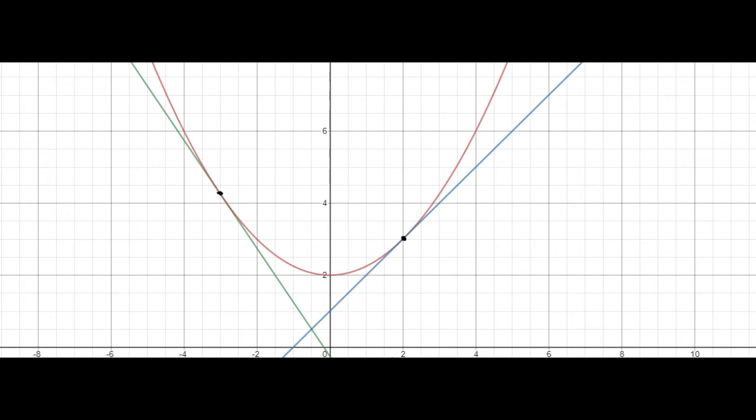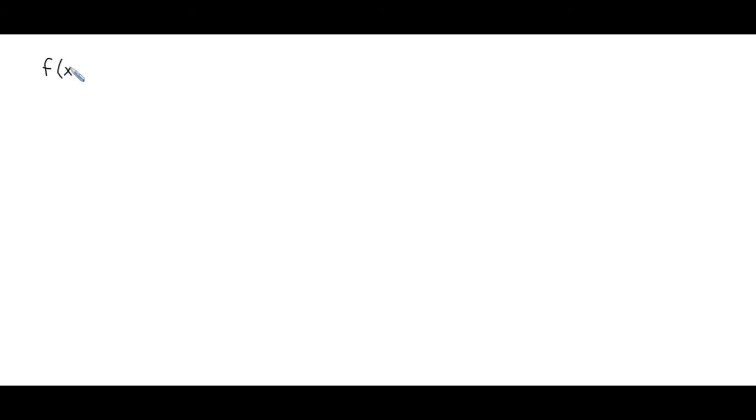A big part of finding derivatives is getting a formula for the derivative of a function that works for every x. Let me show you what that looks like. Normally we have our function f of x, and we can write the derivative of that function, so a formula for the derivative at every x, in a couple of different ways.